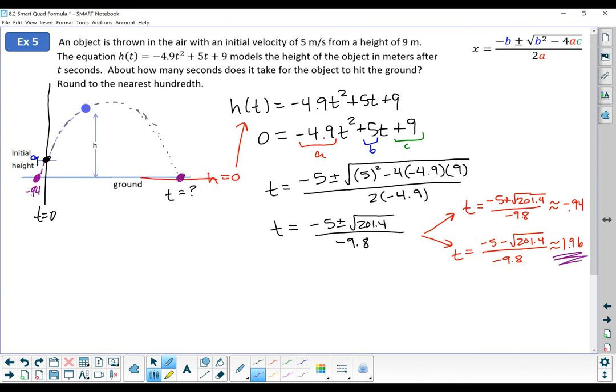And that's our true answer here, 1.96 seconds. So the context tells us that we're going to ignore that first answer and just keep that second answer. So it should take about 2 seconds to hit the ground, a little bit less than 2 seconds.